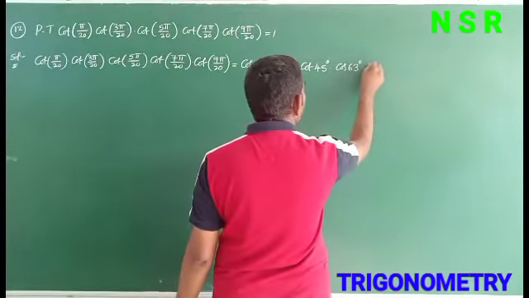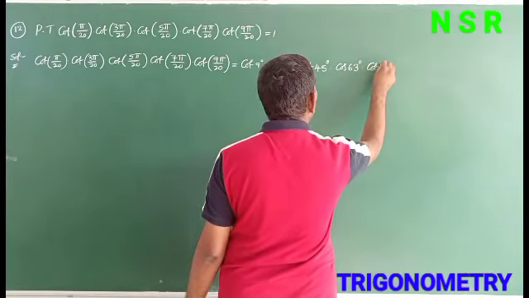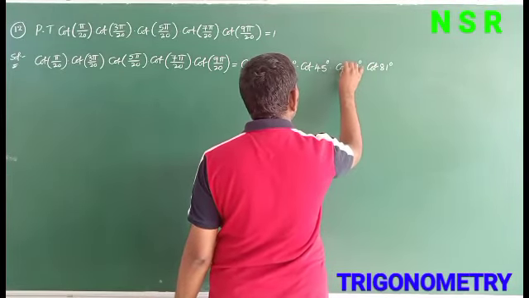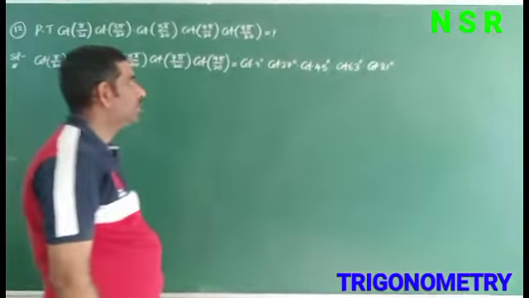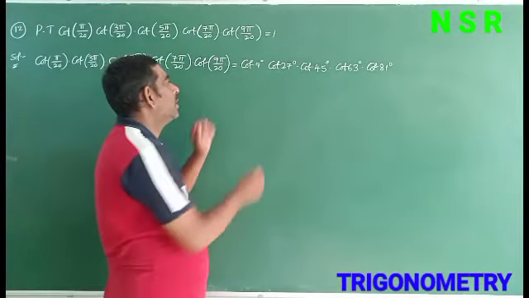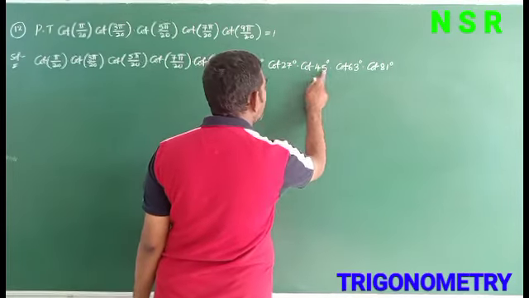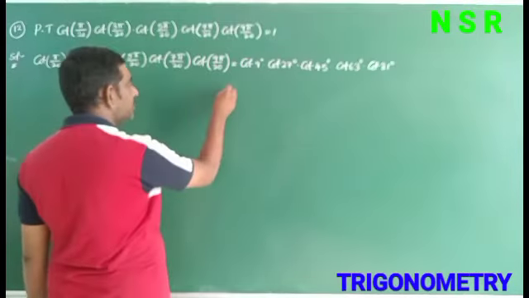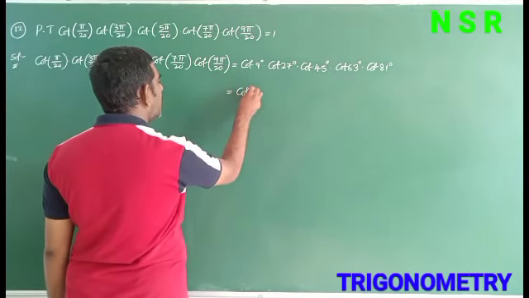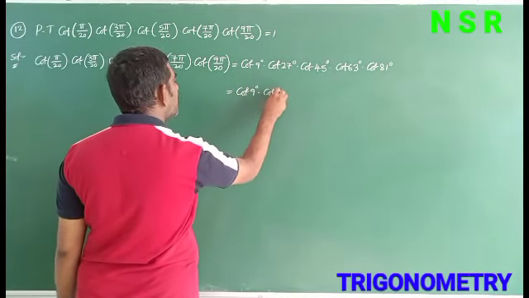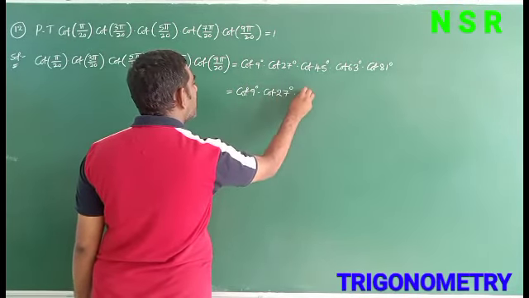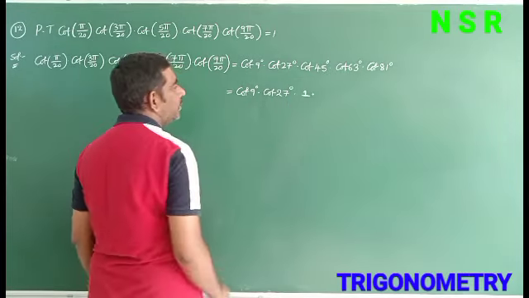Next, 9 times 9 is 81, cot 81. So we don't know the value of cot 9, cot 27, cot 63 and cot 81, but we know the value of cot 45, that is 1. So write here cot 9 into cot 27 into cot 45, value 1, into cot 63 and cot 81.